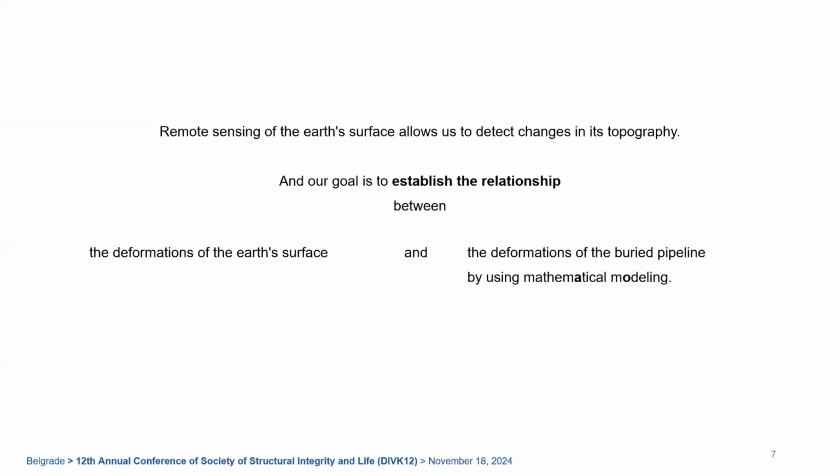Remote sensing of Earth's surface allows us to detect changes in its topography, and our goal is to establish the relationship between the deformations of its surface and deformations of buried pipeline by using mathematical modeling.